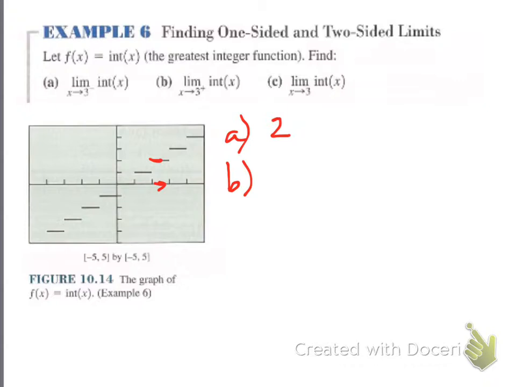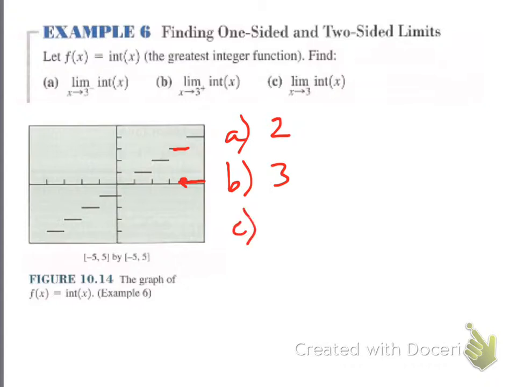Now, here's the other issue. Now let's approach from the right. So if I approach 3 from the right, now we're up here on that branch. Well, that limit is 3, okay? So the limit as x approaches 3 from the left is 2. The limit as x approaches 3 from the right is 3.